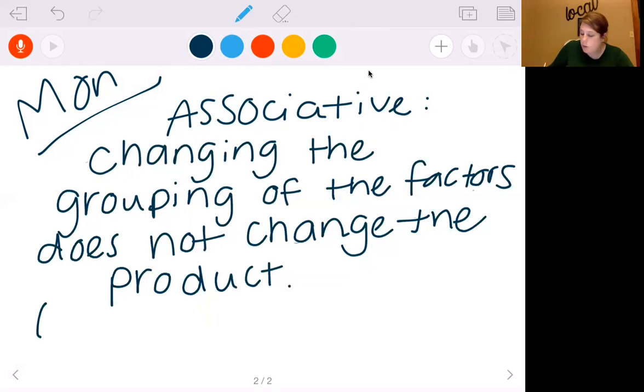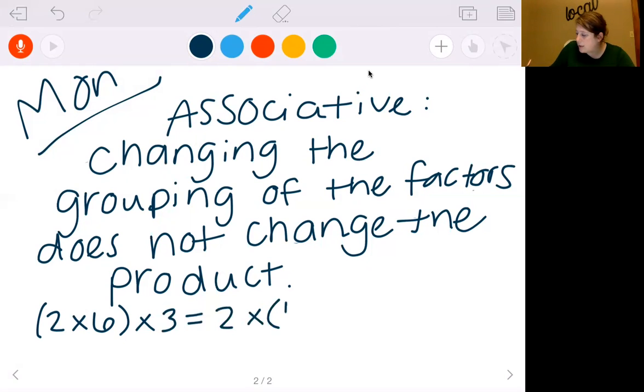For example, we could have 2 times 6 in parentheses. Remember from last year, parentheses tell you to do that problem first. So we can have (2 times 6) times 3 equals 2 times (6 times 3). If you look there, it has the same order, 2, 6, 3.